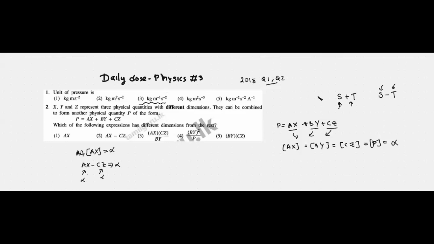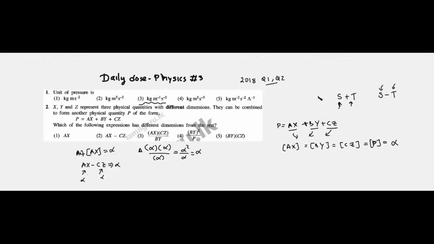Also, if you consider the third answer, it's ax cz divided by by. ax has a dimension of alpha, cz has a dimension of alpha, and by has a dimension of alpha. So it is alpha squared over alpha, which is alpha. So the expression in the third answer also has a dimension of alpha.